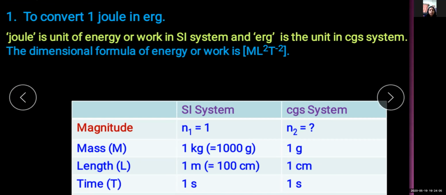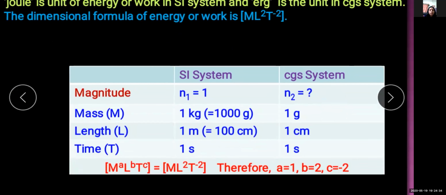Here mass in SI system is in kilogram and in CGS system it is in gram. Length in SI system is in meter, in CGS system it is in centimeter. Time in SI system is second, and in CGS system it is also second. Now we have to convert SI into CGS. We know that 1 kilogram is equal to 1000 gram, 1 meter equal to 100 centimeter.